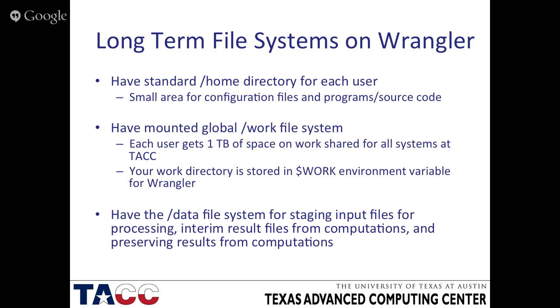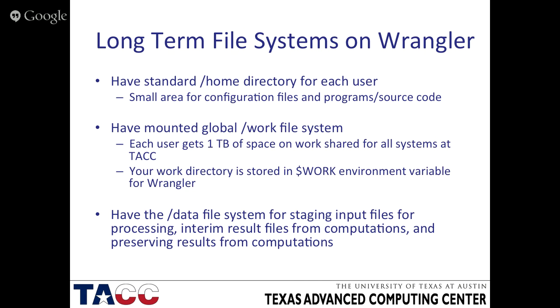We have two other file systems for you to use on Wrangler. One is the /work file system. The /work file system is globally mounted across all the resources we have at TACC, which means you can access /work from Wrangler, and also from Stampede or Maverick if you have an allocation on them. If you have an allocation there, you probably know what that means.